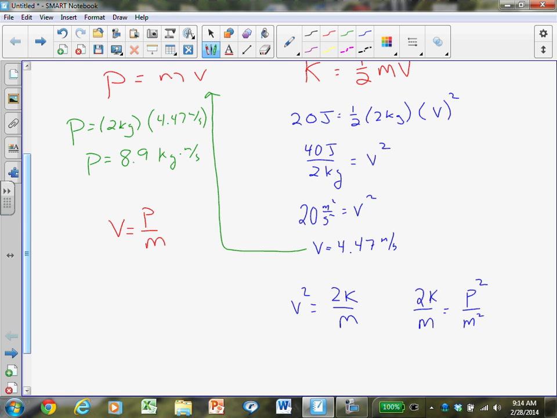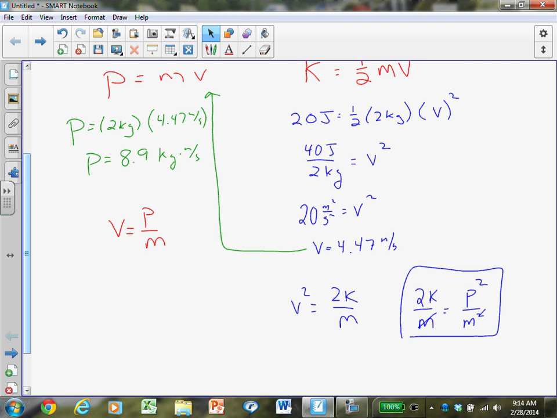So I'm just saying I can mess with the equations a bit, right? So if I give you something, I could ask you, is this true that M equals P squared over 2K? I could ask you on the test, is it true that M is P squared over 2K?